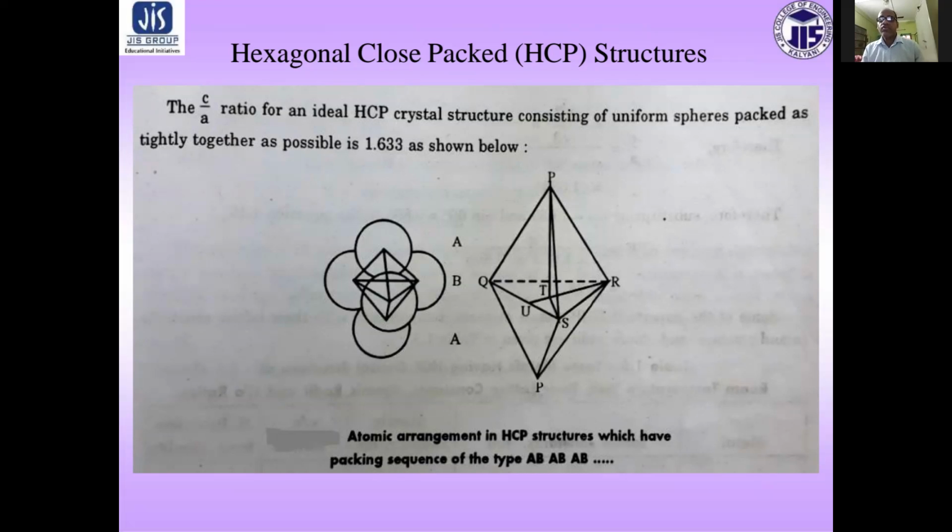For uniform packing of this structure, which is tightly close packed together, the c by a ratio for HCP structure is nearly 1.633. So how do we calculate this c by a ratio for an ideal hexagonal close packed structure? That value is 1.633.